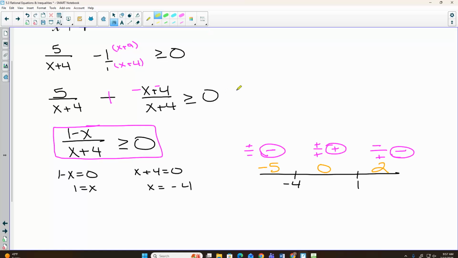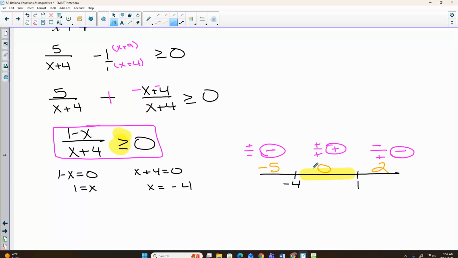Positive. How do we know that? Says greater than 0. Isn't greater than 0 positive? So that's this section.